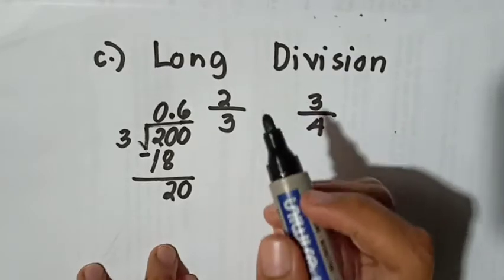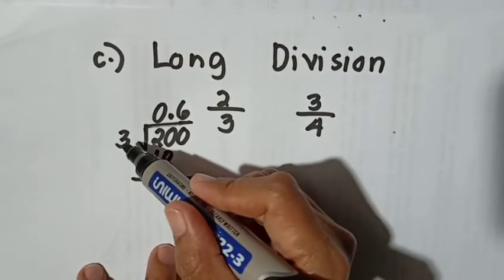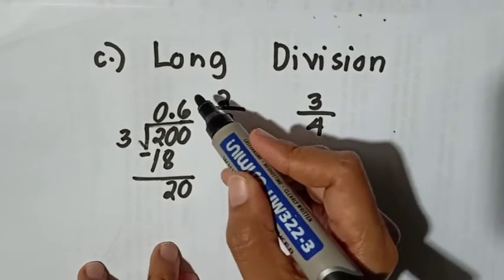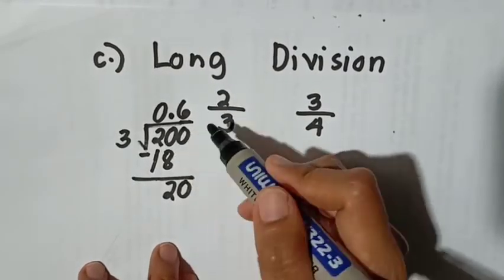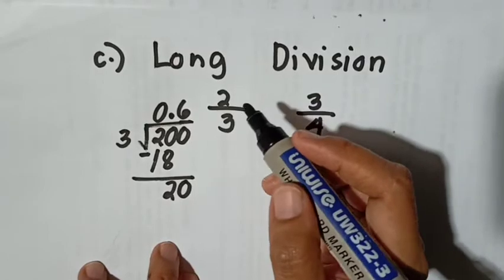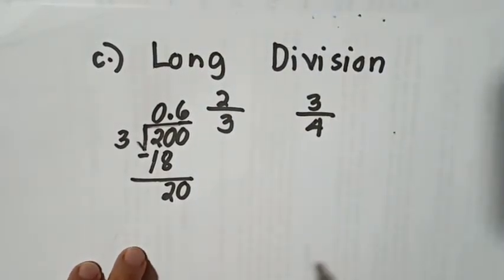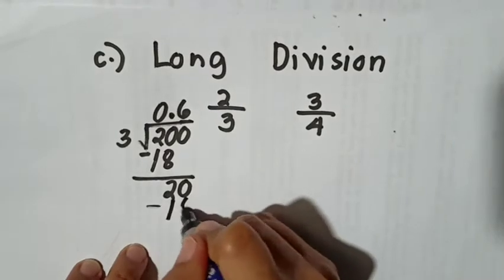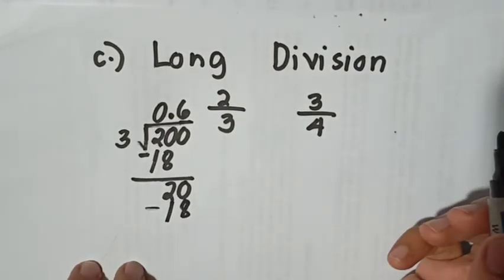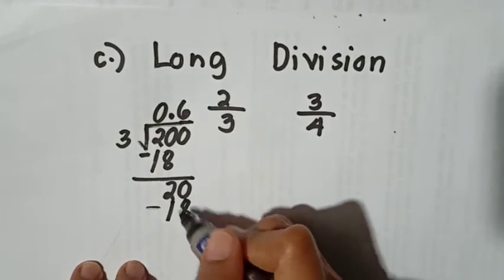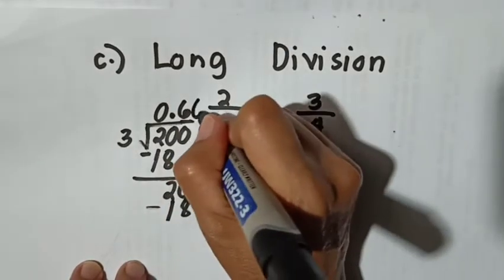Think of another multiple of 3 that is either equal or less than 20. Let's think of 18, because 18 is divisible by 3, which is 6 again.